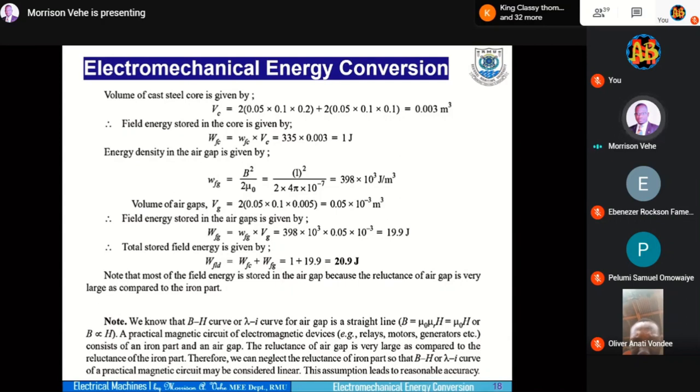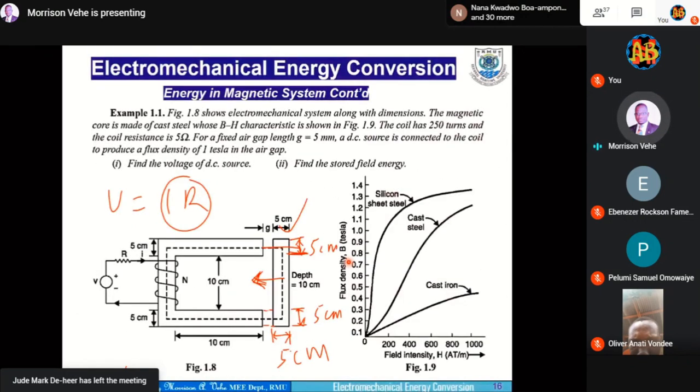So we will just sum these two energies, and then we will tell the total energy. Basically, when you come back to this, what is happening in the core, and then what is happening in the air gap. That's all we are trying to deal with. Okay.